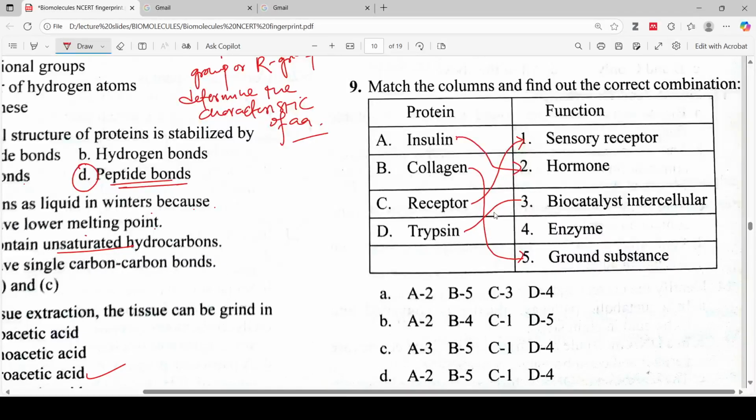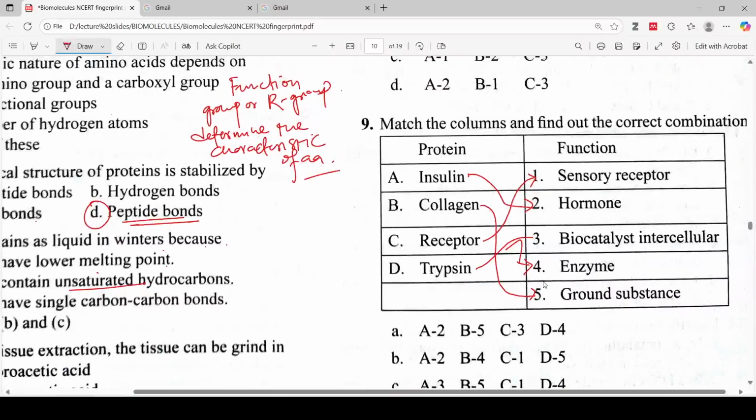So D will be correct. The correct answer is option D. Let's move to the next question.